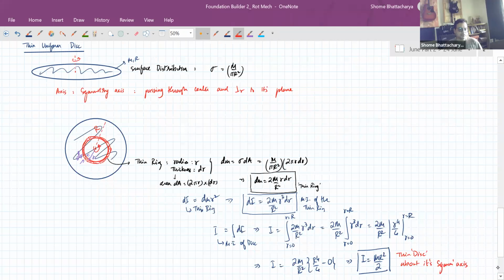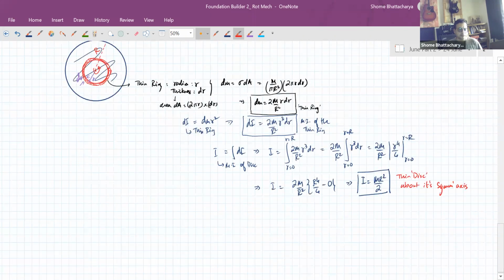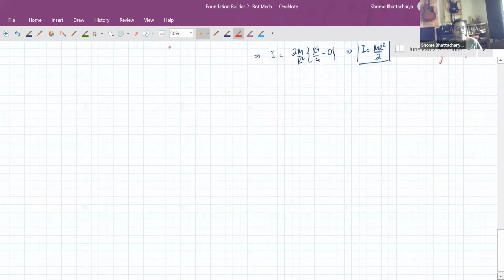Okay, so we will come back to the thin disk later again to also calculate the moment of inertia about its diameter axis. But we will use a theorem for doing that rather than integration again.